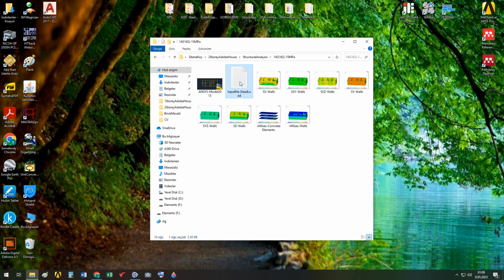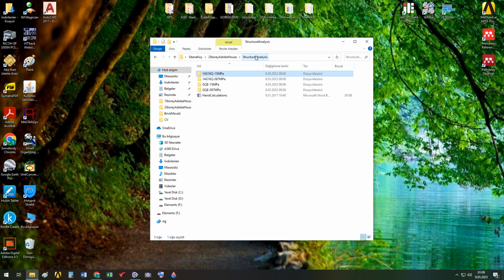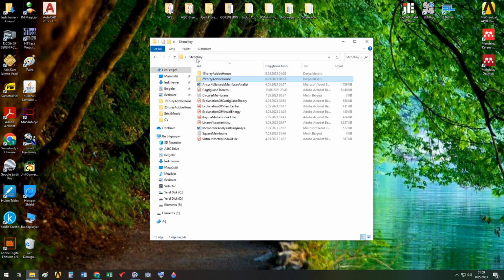You can use this input file to make the analysis and use Ansys in batch mode. You can make some modifications in the input file and make analysis of similar adobe constructed buildings. And hand calculations are also explained here. For two-story and single-story adobe houses, you can use those.